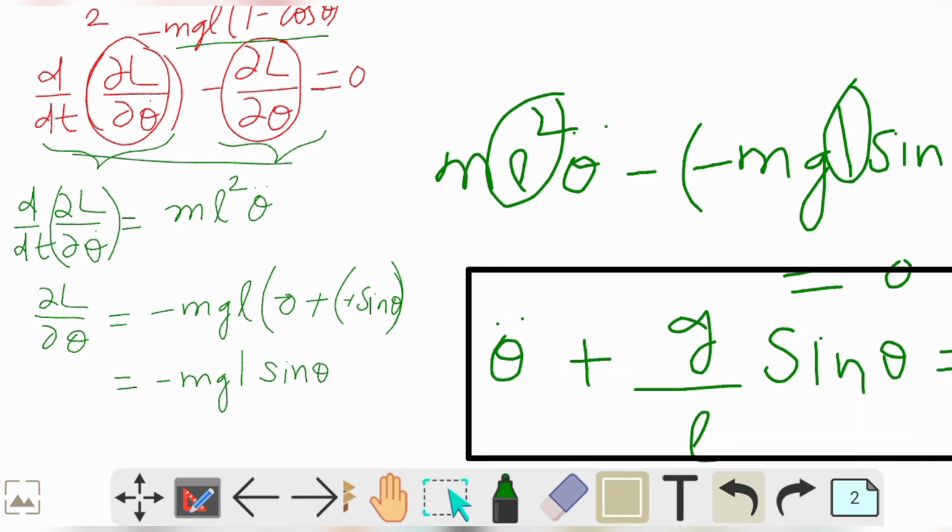This is the equation of motion for the simple pendulum in polar coordinates.